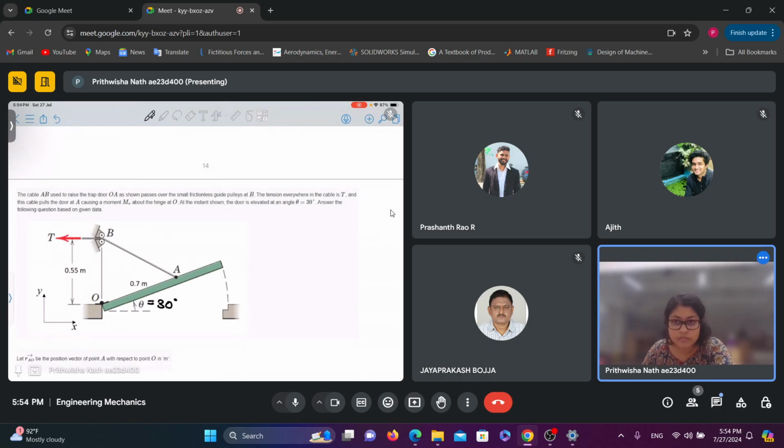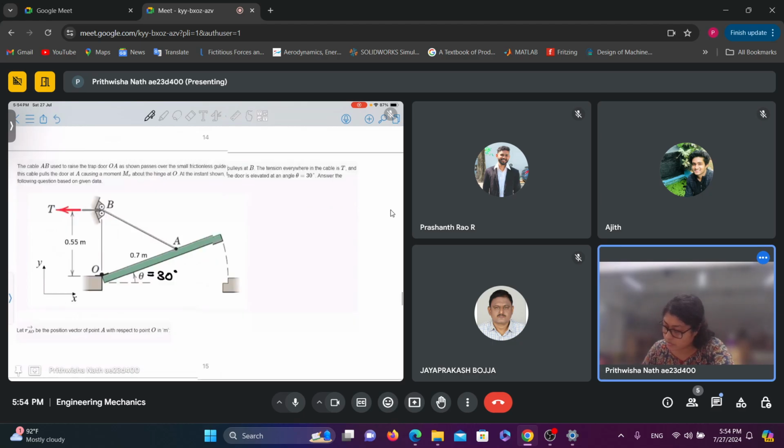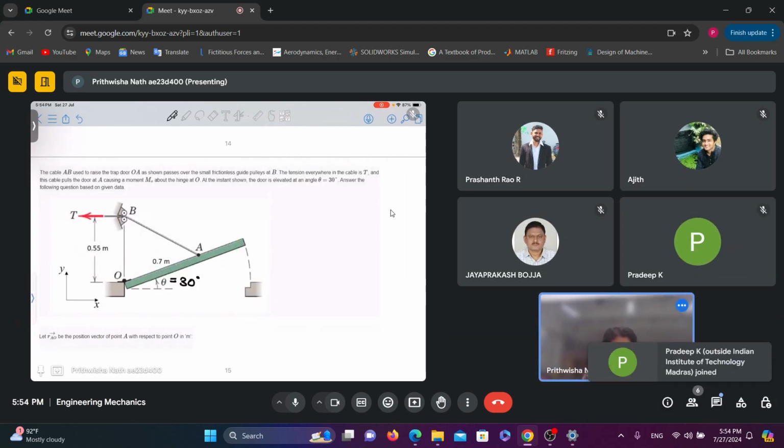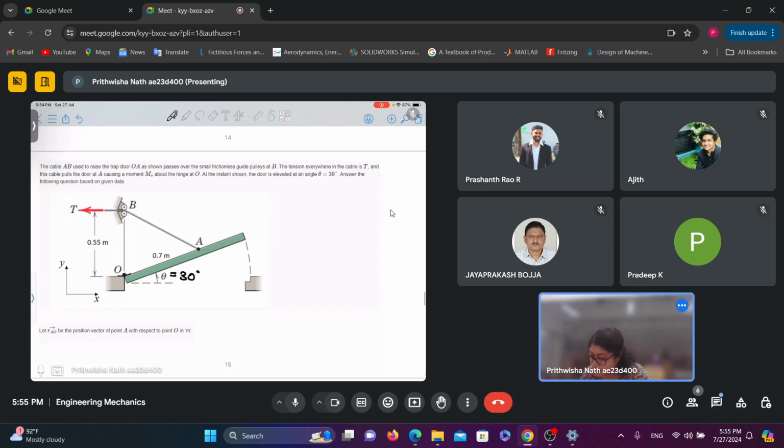So can everyone try solving this problem? And RAO is the position vector of the point A with respect to O in meters.